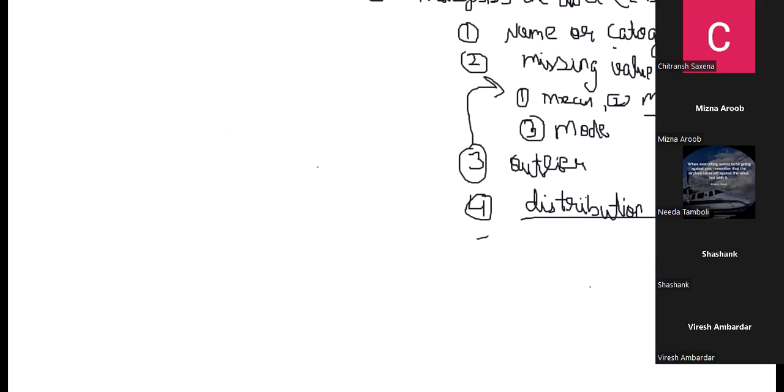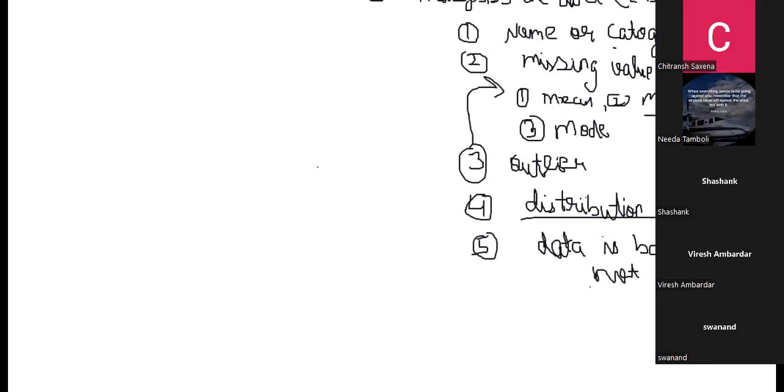Now the other question is whether the data is balanced or not. This means balanced or not.